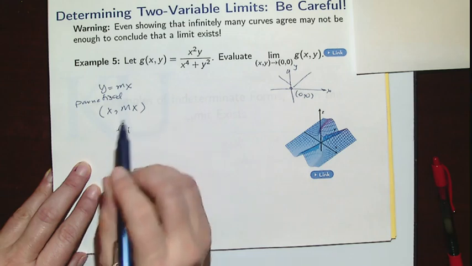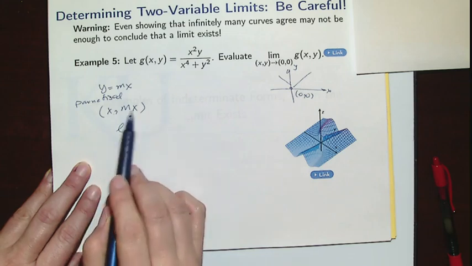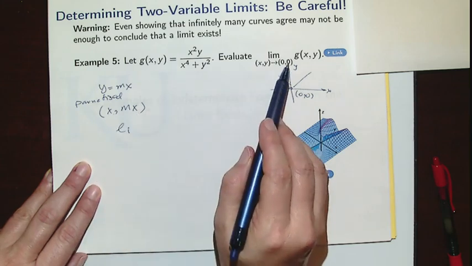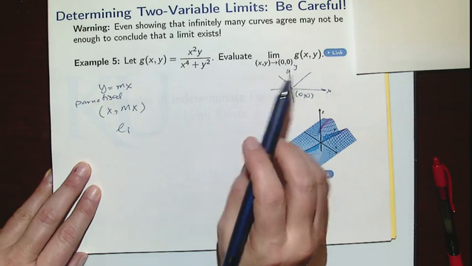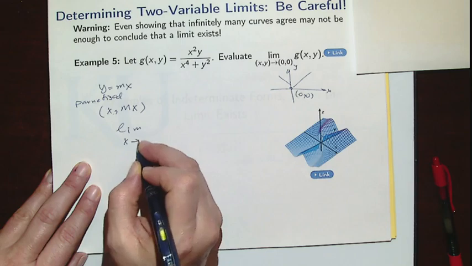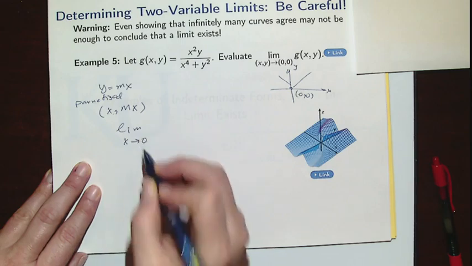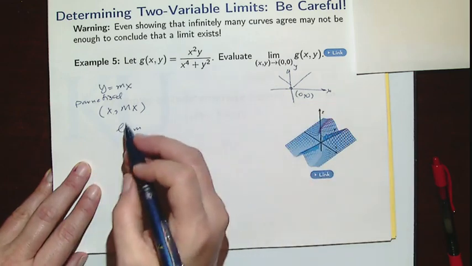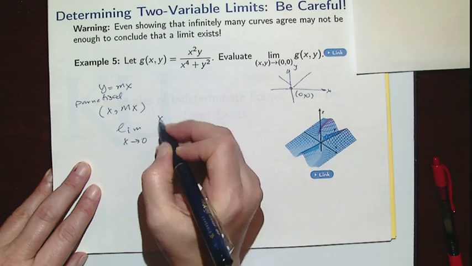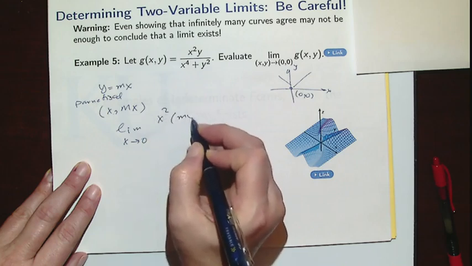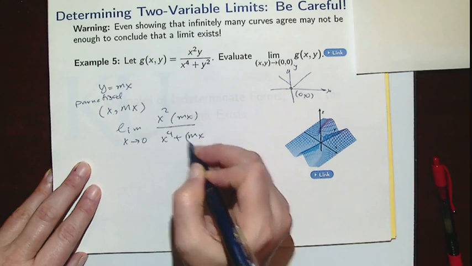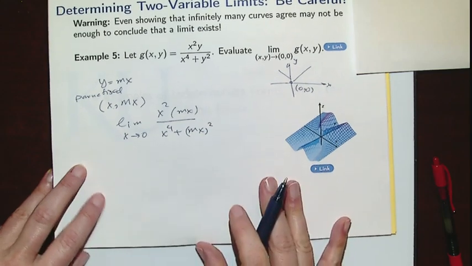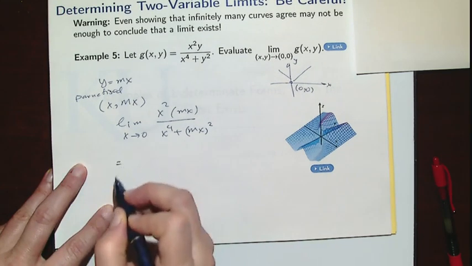So for x and mx to approach 0 and 0, what is x supposed to do? X goes to 0. Now I have x squared, and instead of y, I put in mx. X to the 4th plus mx to the power 2. Let's simplify as much as possible.